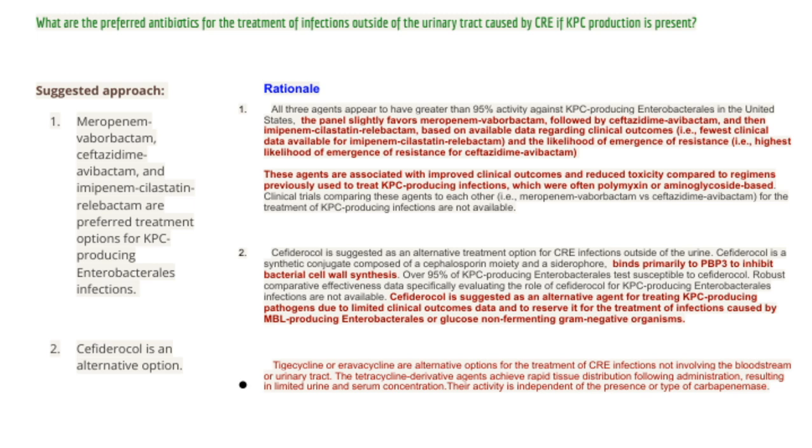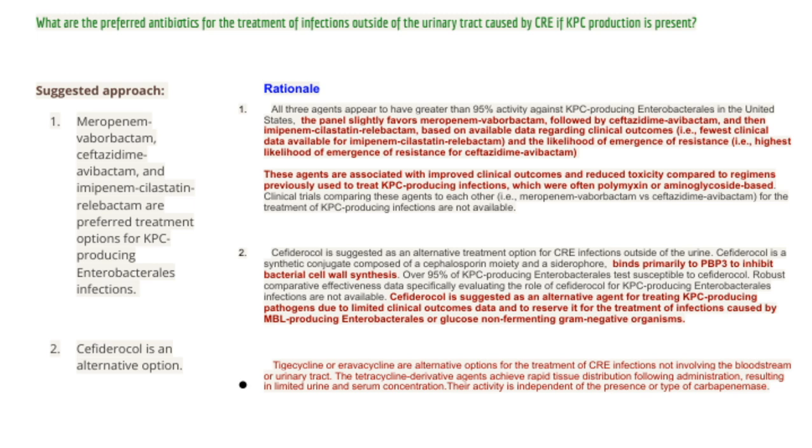Next, for CRE infections not involving the bloodstream or urinary tract, agents like tigecycline or eravacycline are alternative options. These tetracycline derivatives distribute rapidly into tissues, but their concentrations in urine and serum are limited. Importantly, their activity isn't affected by the presence or type of carbapenemase.